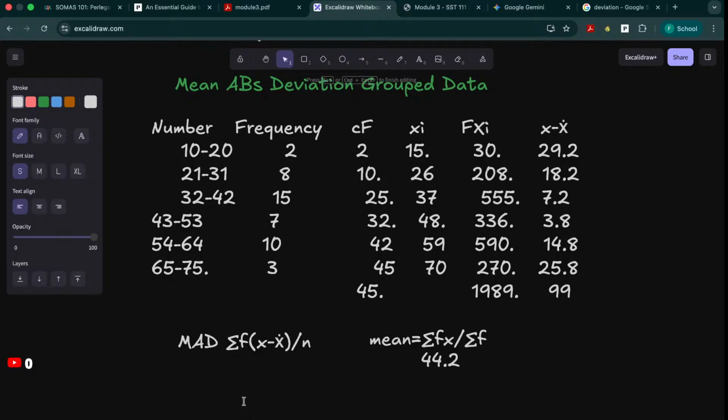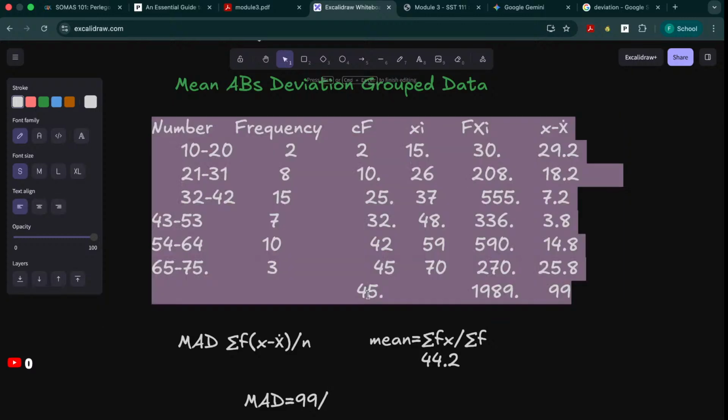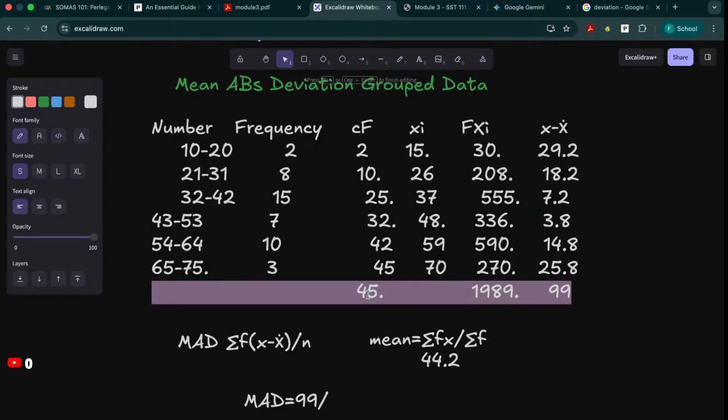So our mean absolute deviation is supposed to be 99 divided by the cumulative frequency, which is here 45.